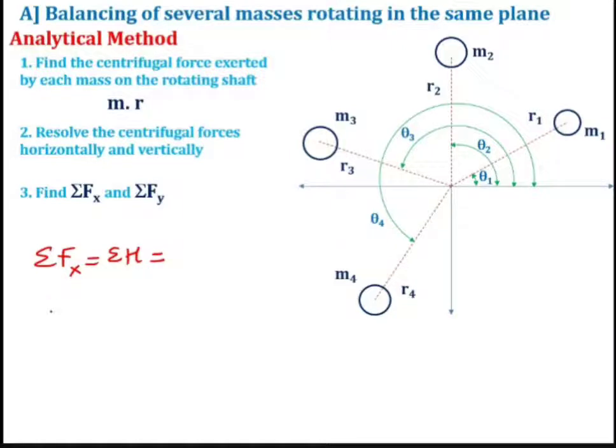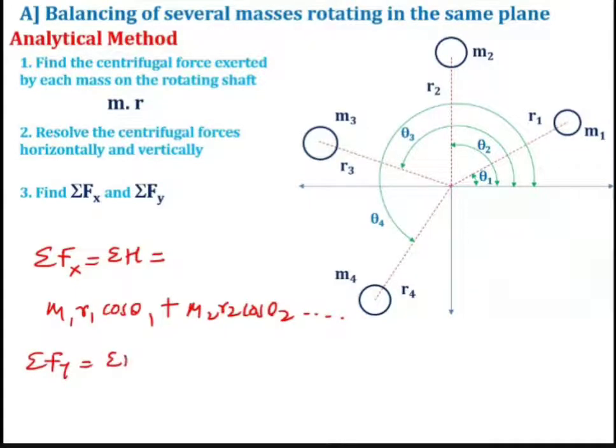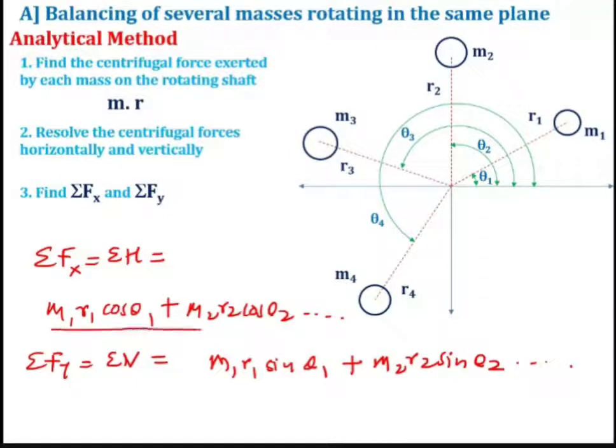You can directly write m1 r1 cos theta 1 plus m2 r2 cos theta 2, and so on. And summation of Fy is nothing but the summation of V. You can directly write m1 r1 sin theta 1 plus m2 r2 sin theta 2, and so on, depending upon how many masses and how many centrifugal forces you have. Okay.